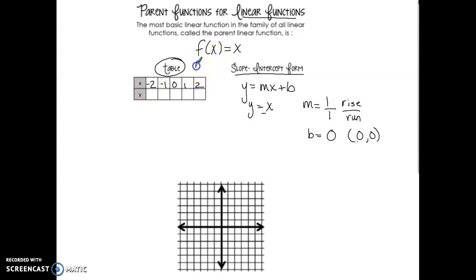Well, if I plug in f at negative 2, I get f of x, or y, is negative 2, because x equals y. So then I can plot my points in a pretty red. It goes through the origin. It goes up 1 and over 1, and I can graph my line f of x equals x. This is the main equation, the parent function for all lines.